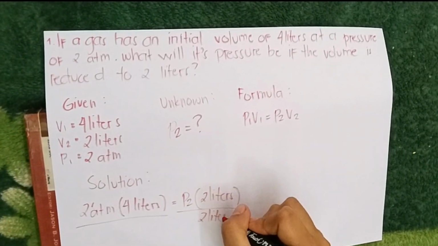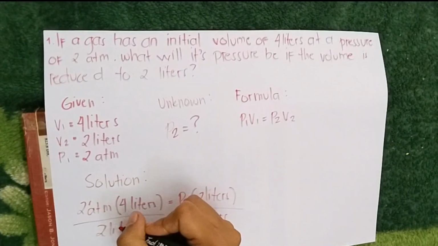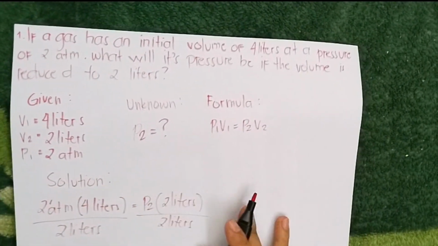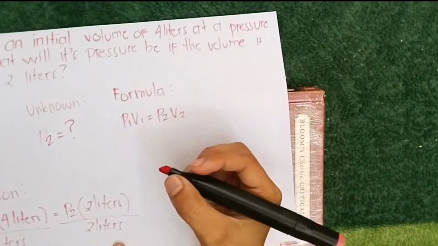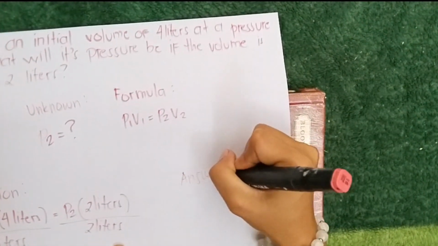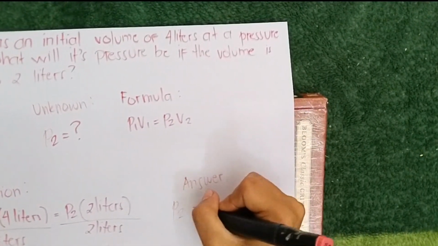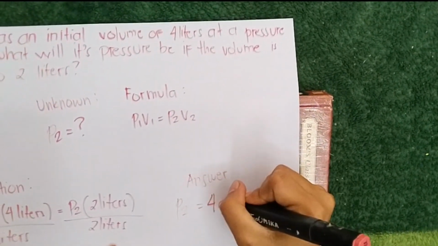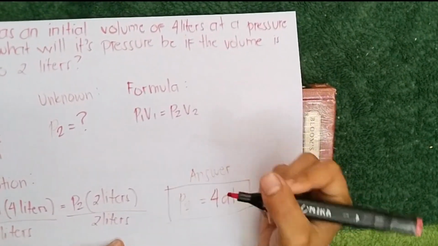You just have to copy it and cancel. Multiply the 2 atm by 4 liters, and the result will be divided by 2 liters. And our final answer is P2 equals 4 atm.